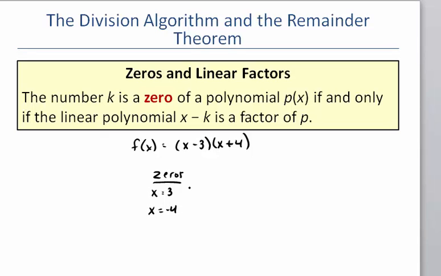So what this statement is saying is that if you have a 0 like 3, then you have to have x minus 3 as a factor. Or if you have a factor of x plus 4, you have to have negative 4 as a 0. That the zeros and the factors are related in that manner.